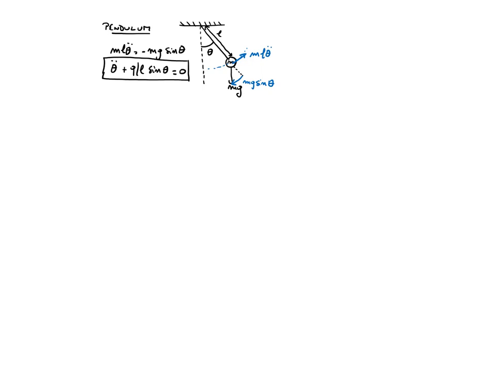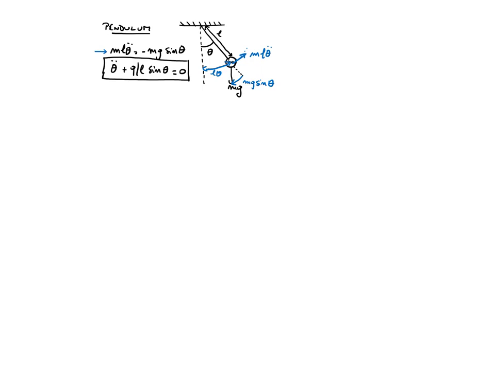You can see that this length over here is L theta, so the speed will be L theta dot, and the acceleration will be L theta double dot. So we can now write the equation of motion, mass times acceleration, m L theta double dot, is equal to the force that is acting, and the force that is acting is this one over here.